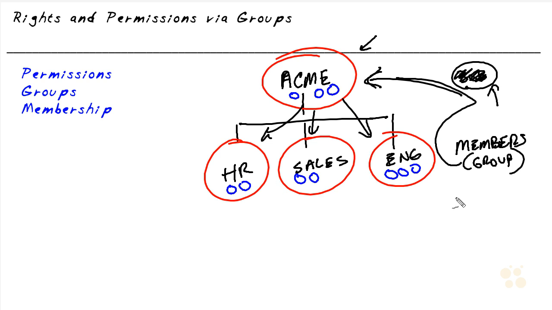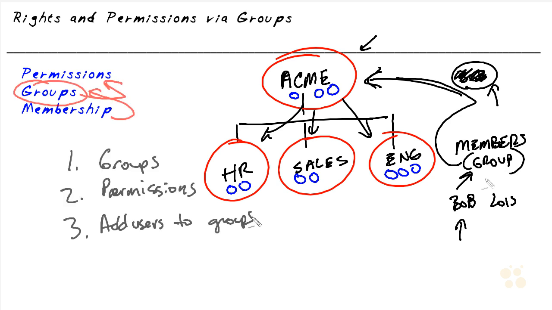And when Bob is added to the company, we just make Bob a member of the members group, and he, through association with that group, gets the same rights. So Bob and Lois and the other 2,000 people, we simply make members of that group, and they automatically have the rights. And if something changes where we no longer want Bob to have access to the SharePoint environment, we can simply remove him from the group, and as a result, he would lose the rights that he had gotten through the group.